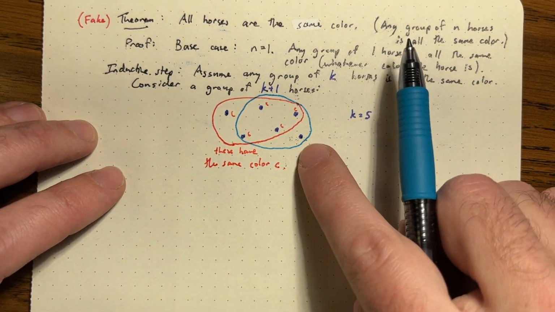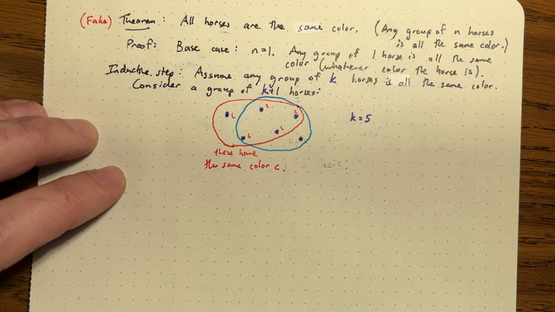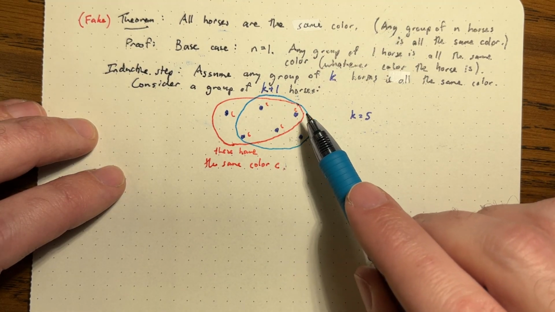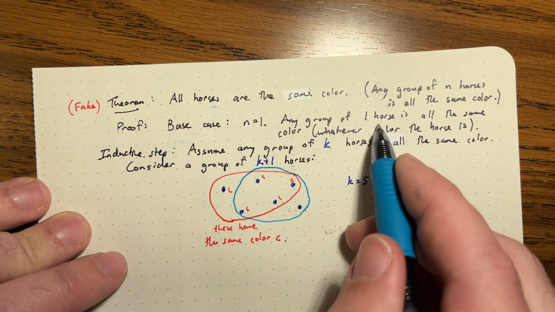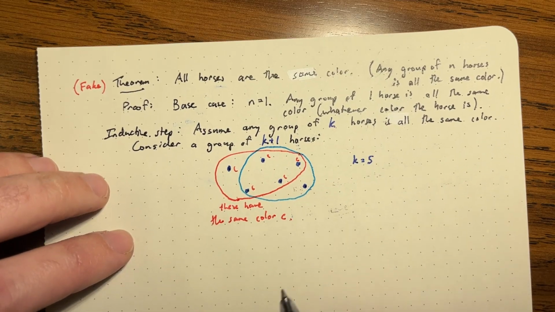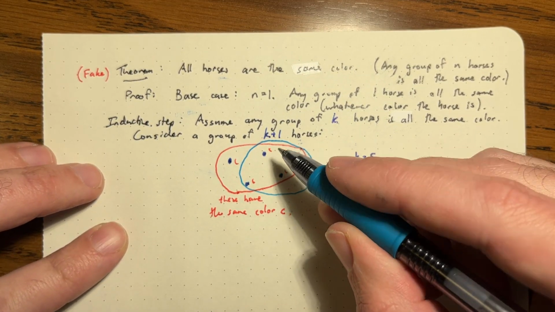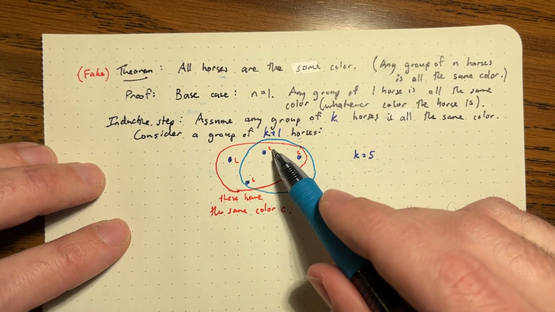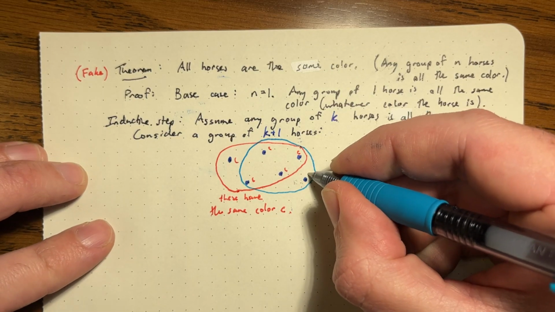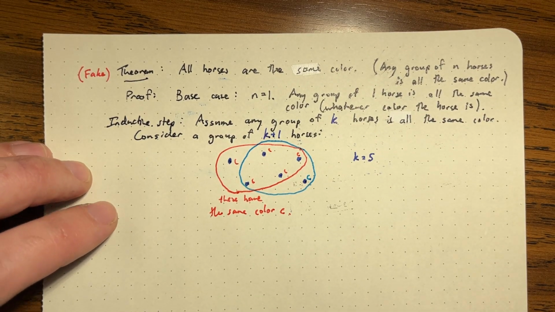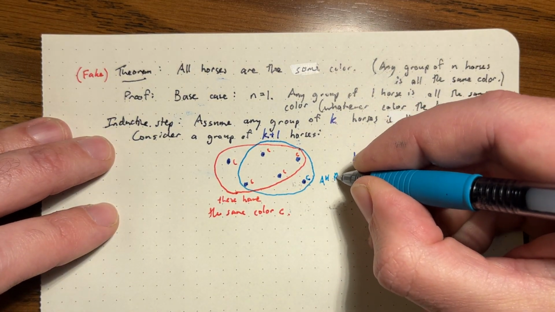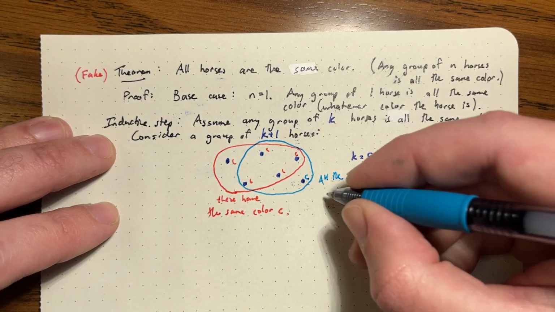And what is the conclusion? Well, we have assumed that any group of k horses is all the same color. And this group has horses with color C, so that means this one must also be color C. So all the same color, right?